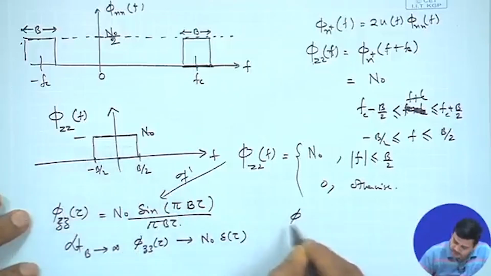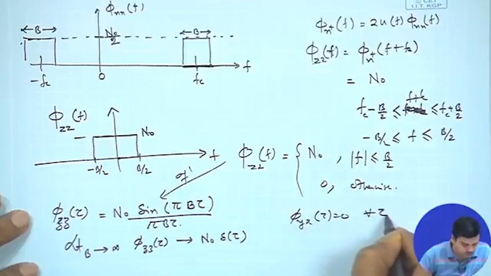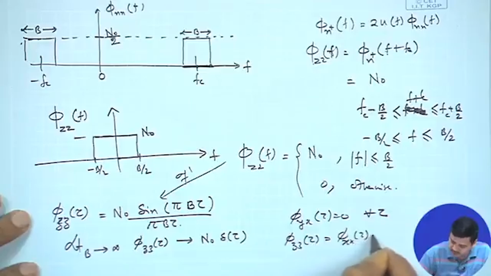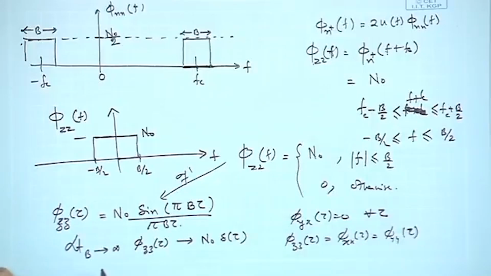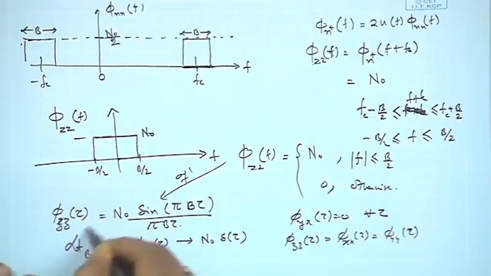We have also seen that phi y x of tau is equal to 0 for all tau. So, that would mean phi z z of tau is equal to phi x x of tau, which equals phi y y of tau.